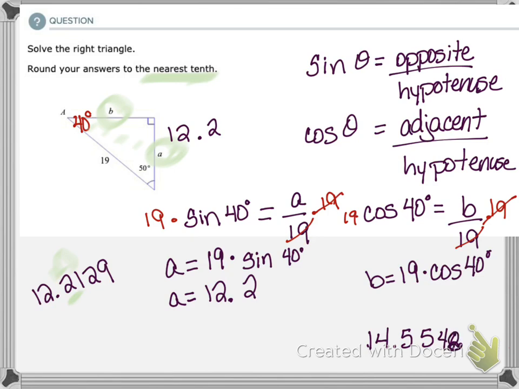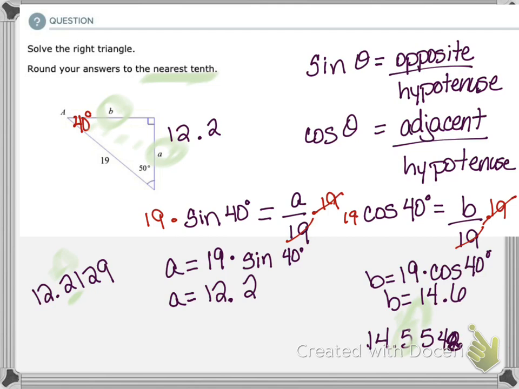Now for this one, I am going to round to this tenth place right here. But do you see how in my hundredths place I have a 5? That 5 tells the 4 to go up. So when I round that, I actually get 14.6 right there.